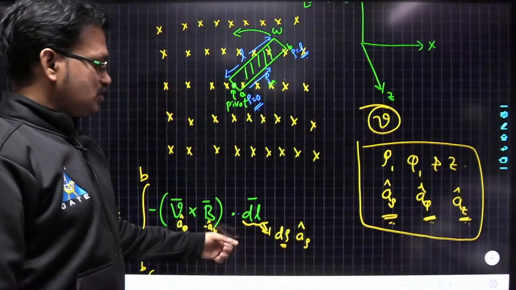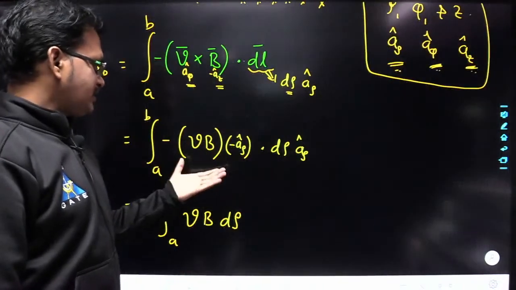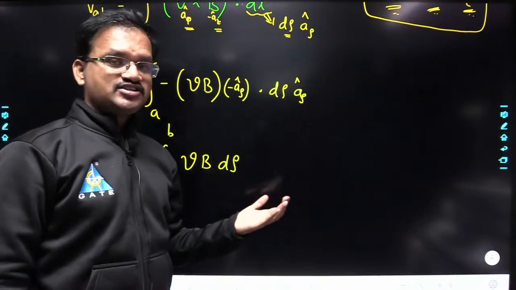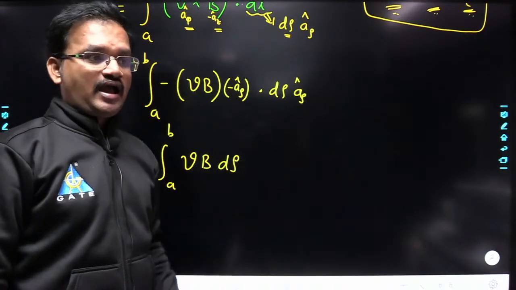Right? Okay. So now, what is the relation? We have written the expression in terms of linear velocity. Now tell me, what is the relation between linear velocity and angular velocity?